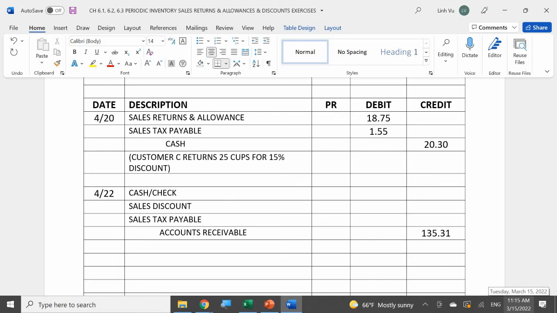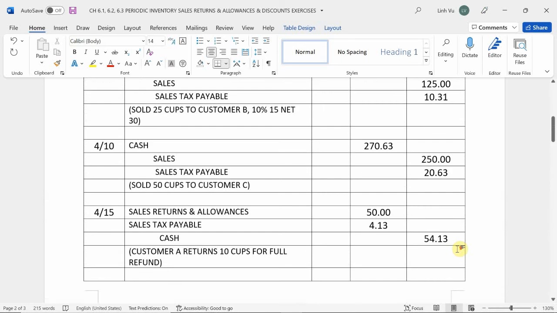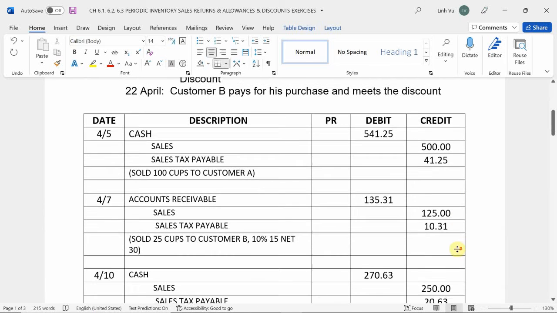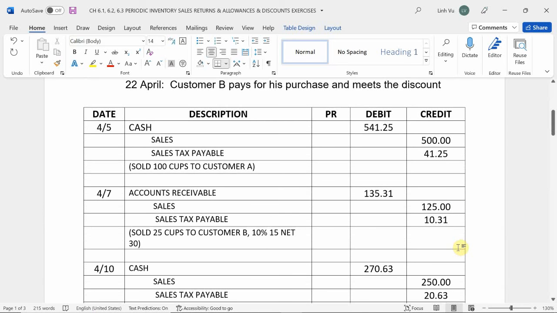Now in this case, he gets to take a discount, right? He gets to take a 10% discount off of his sales. So in this case, 10% of his sales is going to be 13.53.